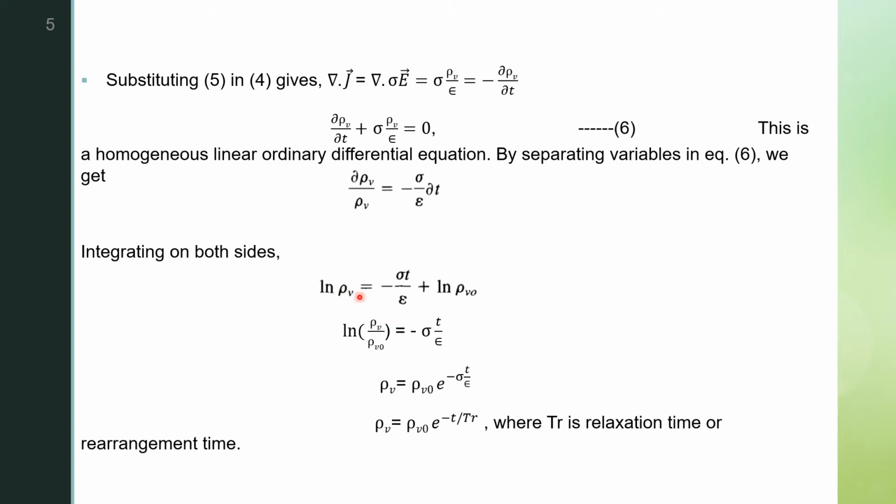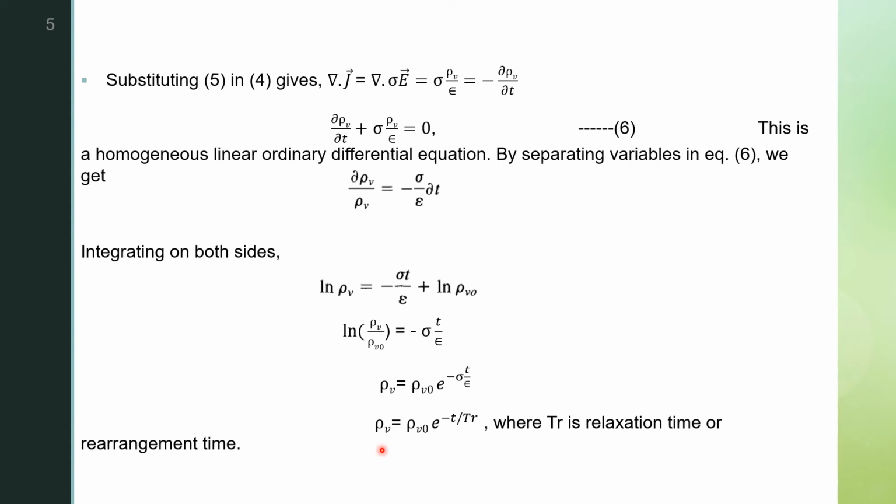Then we can arrange the terms, ln rho V here and ln rho V0 here, so that will simplify the equation as ln of rho V by rho V0 is equal to minus sigma t by epsilon. That means rho V is equal to rho V0 into e raised to minus sigma t by epsilon.